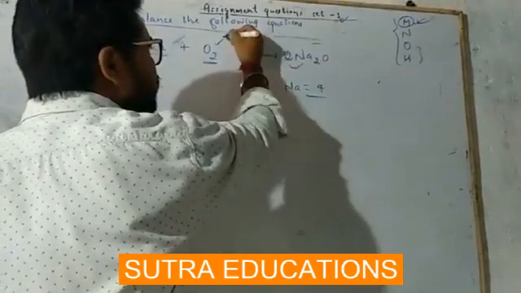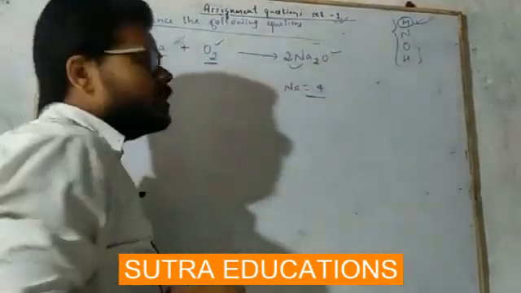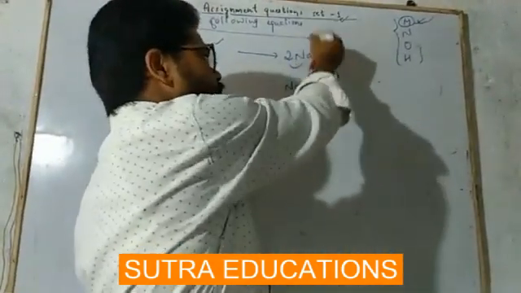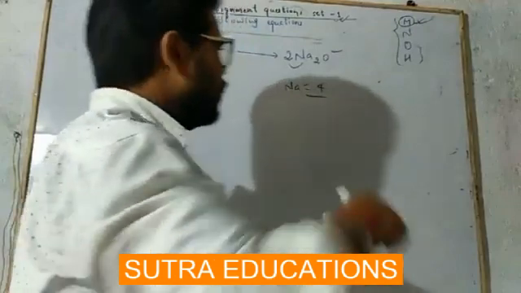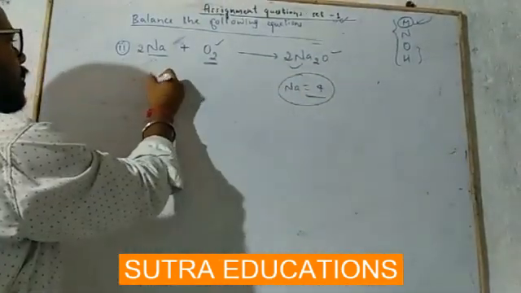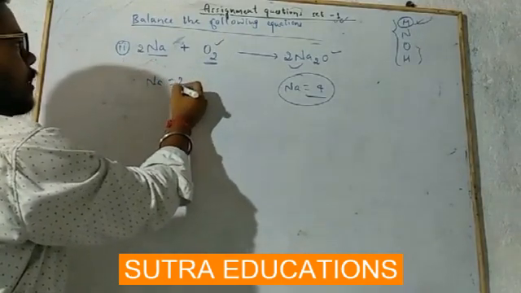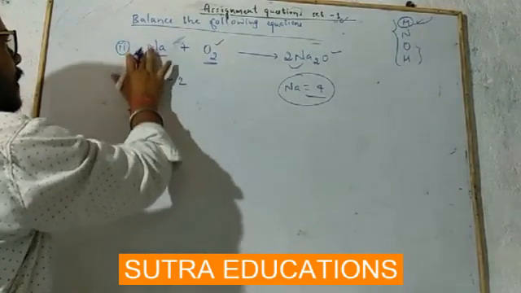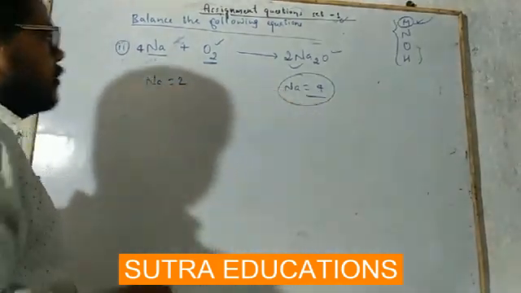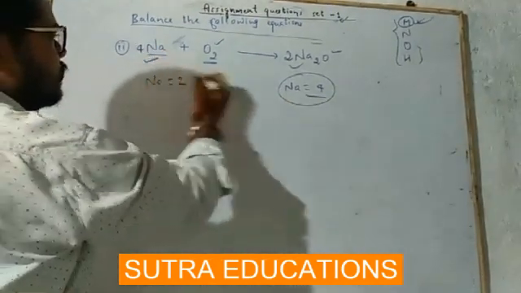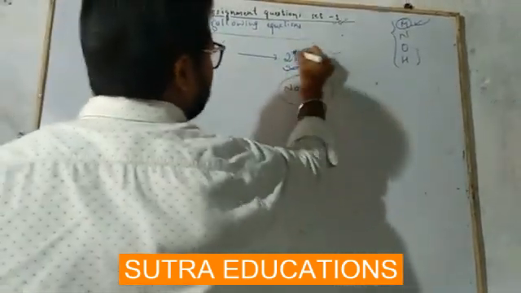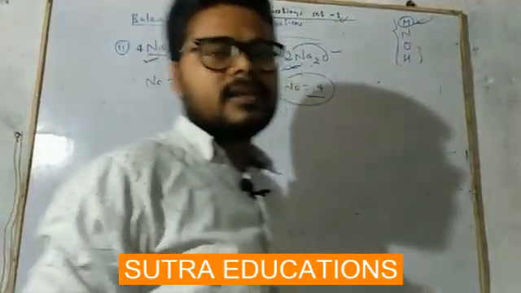Now oxygen is 2 in both cases, but what happened after balancing oxygen, this sodium got disturbed. This side sodium became equal to 4 and this side it is only 2. So what we have to do is multiply this side by 4. Now 4 sodium, 2 into 2 4 sodium, 2 oxygen and 2 oxygen. Now the equation is balanced.